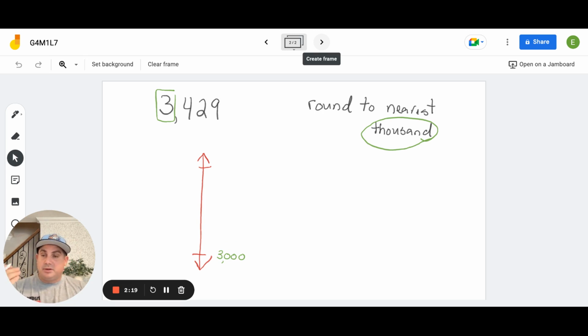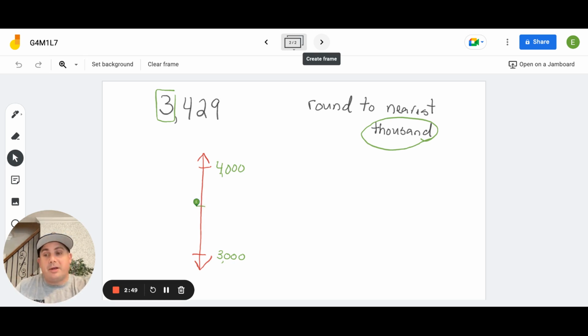When I estimate this number, it's either going to be 3,000 or my next 1,000. These are the lessons where we said add another 1,000, add another 10,000, and so on. So if I have 3,000, one more 1,000 is going to be 4,000. And this number is somewhere in between.